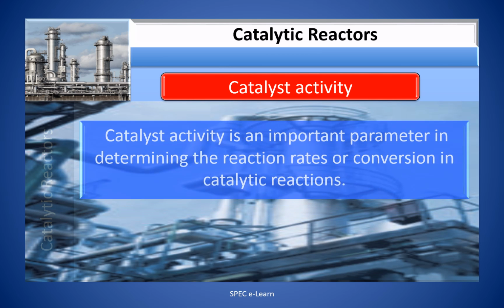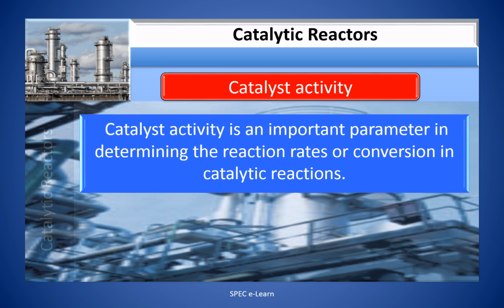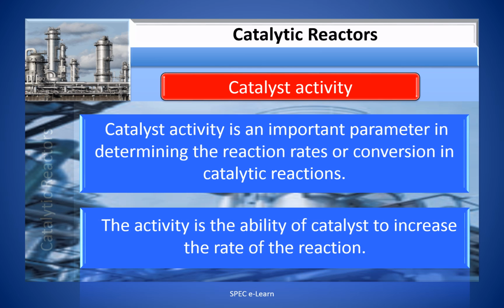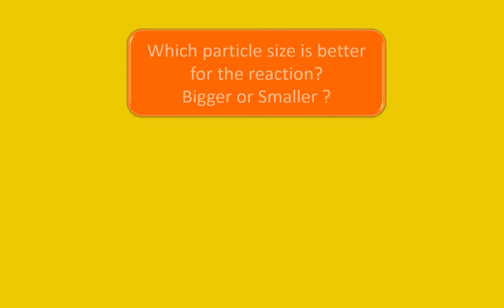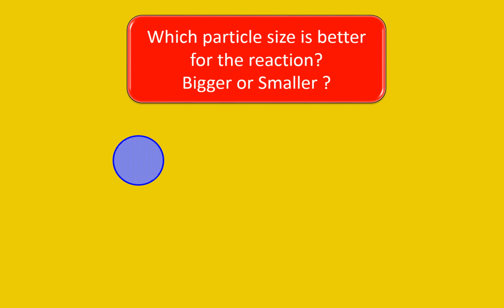The catalyst activity is an important parameter in determining the reaction rates or conversion in catalytic reactions. The activity is the ability of the catalyst to increase the rate of reaction. Which particle size is better for the reaction? Bigger or smaller?